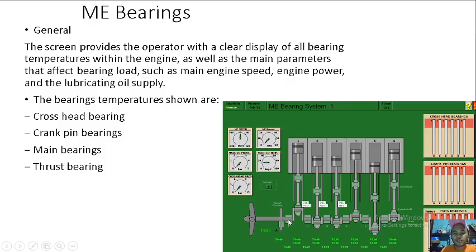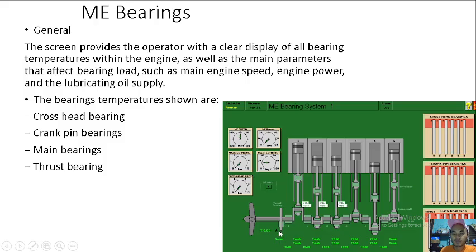We have here the crosshead bearing. The crank pin is in here, this one. So crank pin bearings. We have the main bearings, this one, 1, 2, 3, 4, 5, up to 13 main bearings, and the thrust bearing in this one.